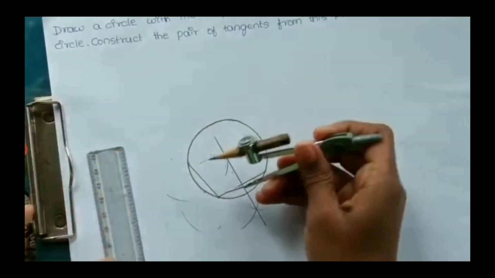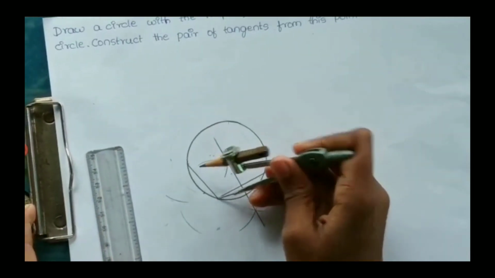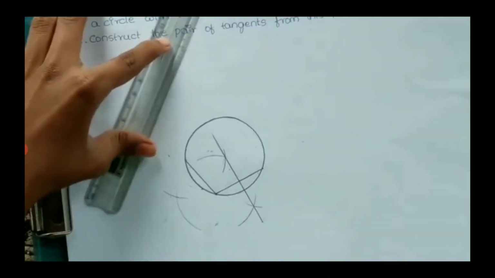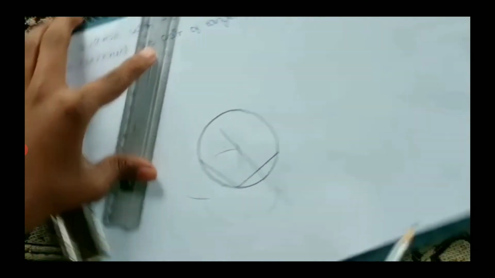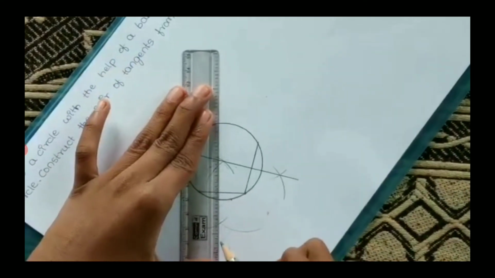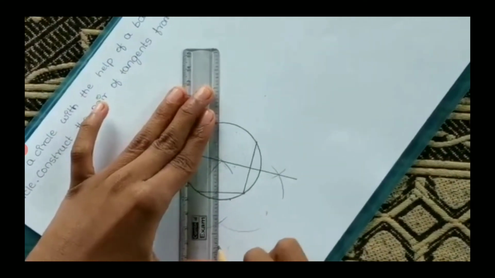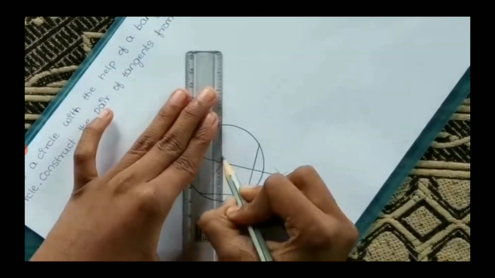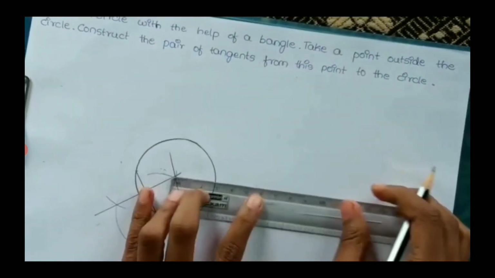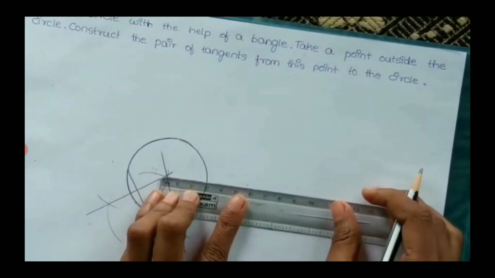Now you will get the point of intersection by extending that curve. Now you got the perpendicular bisector to the other chord. And the point at which both the lines meet is the center.